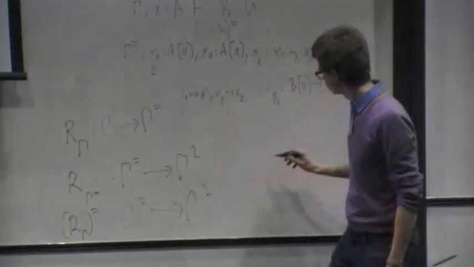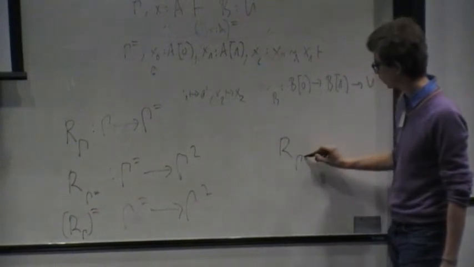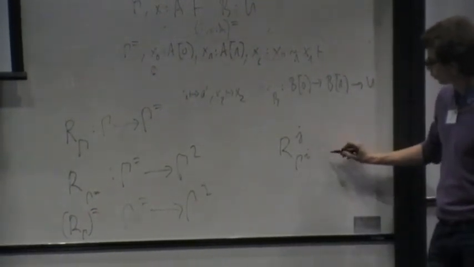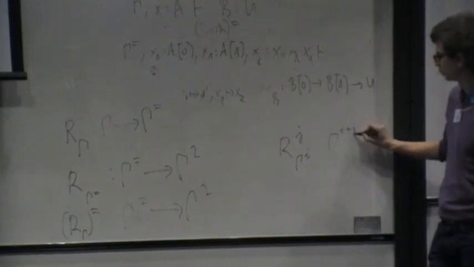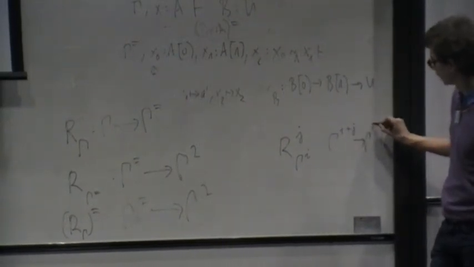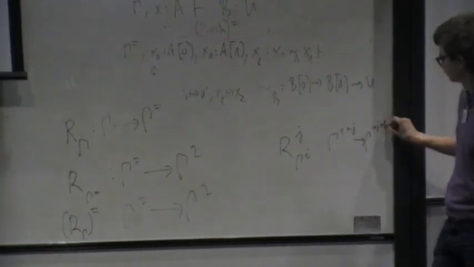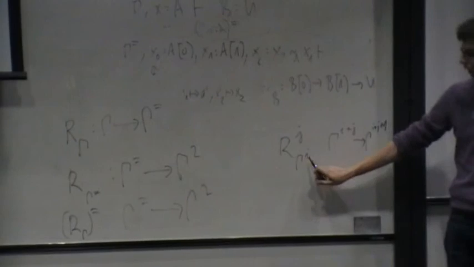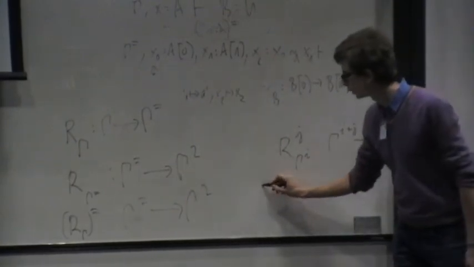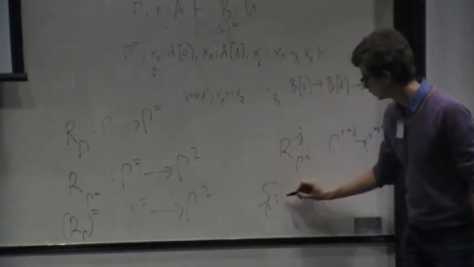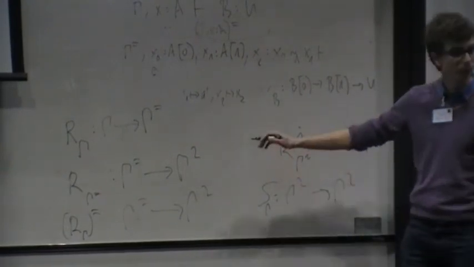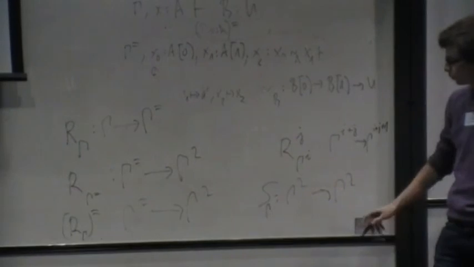And in general, if we look at every dimension, if we have R gamma i j, it will go from gamma i plus j to gamma i plus j plus 1, and it will add the degenerate dimension at index i. And also similarly, we have S gamma from gamma 2 to gamma 2, and there are also that many ways of lifting this S gamma substitution.